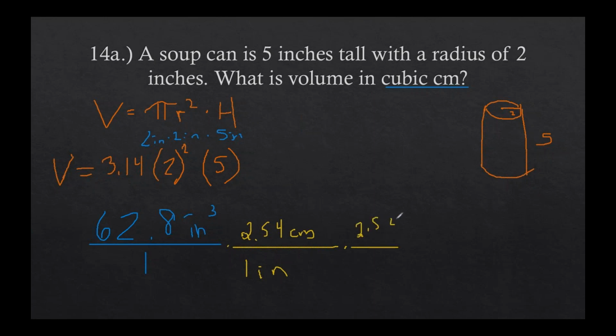And again, I'm going to do this 3 times because my label is inches cubed. So that step there, 1 inch, 2 inch, 3 inch, cancels out with my cubic inches. And what is my volume in cubic centimeters?